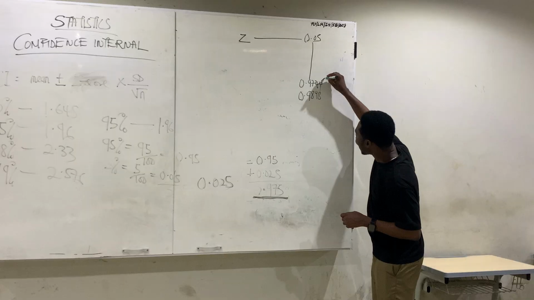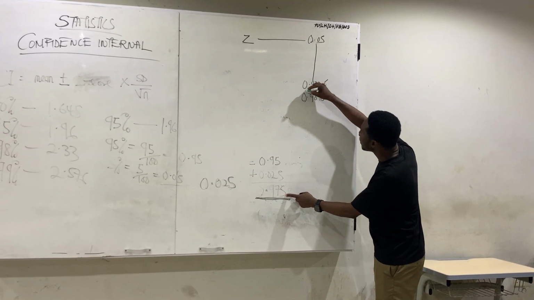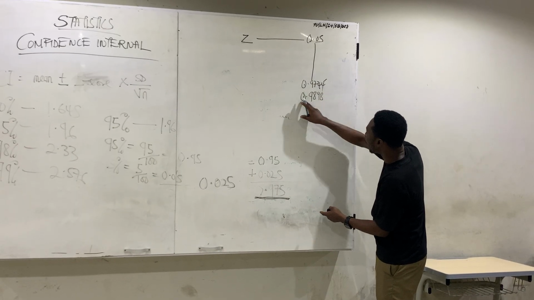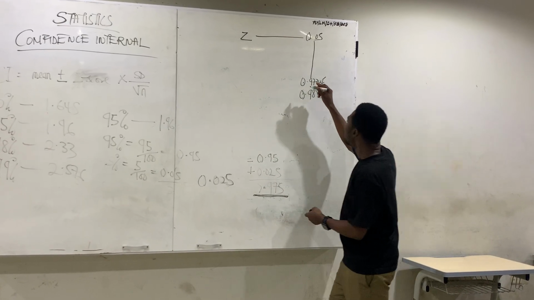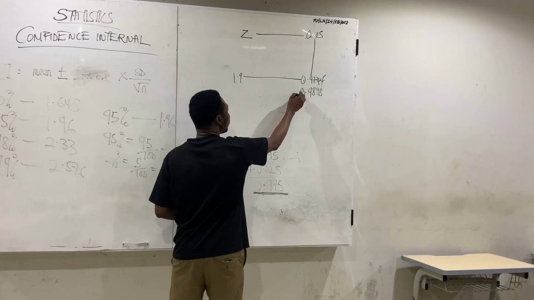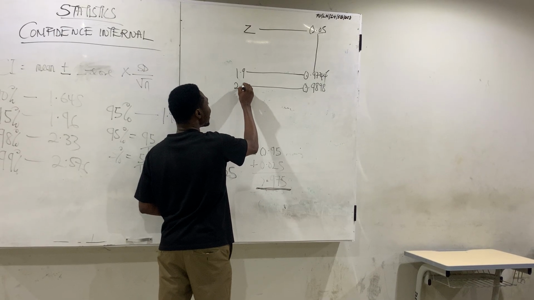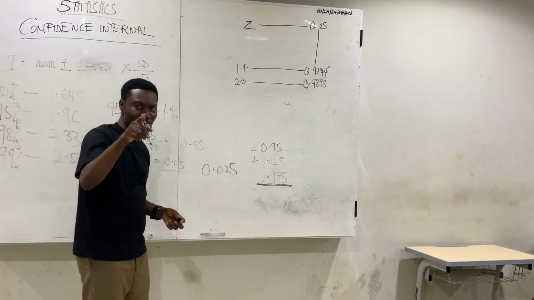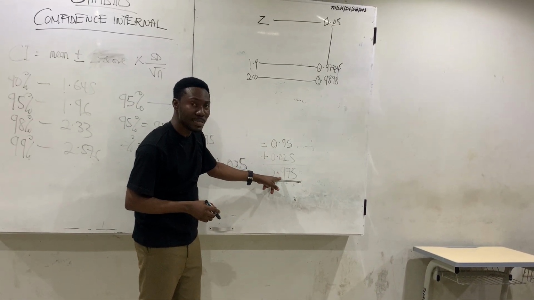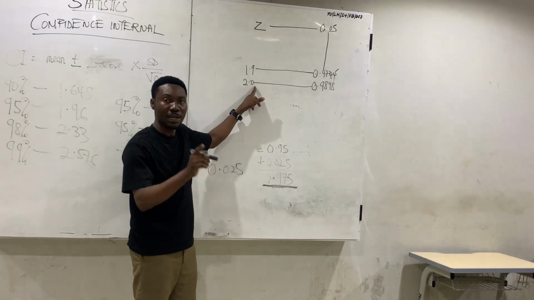Now, this one is not the same as this. So what that means is that the value is in between these two probabilities. It's between 0.9744 and this. So you trace this to the Z, you come and meet 1.9. You trace this to this side, you would also come and meet 2.0. So what that means is that the Z value for this probability is between 1.9 and 2.0.